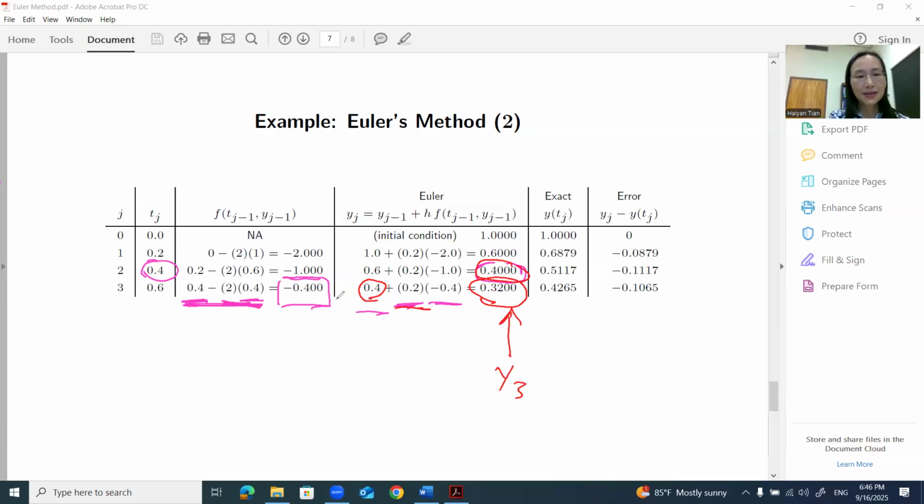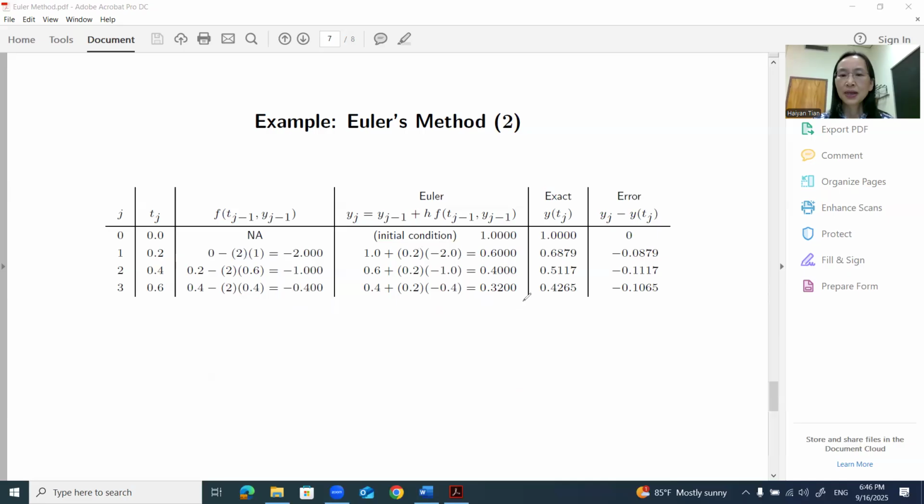So after 3 steps, you already see the calculation method. So you can apply it. And in case you want to know how good our Euler's method is doing, the first point is the same as the exact value.